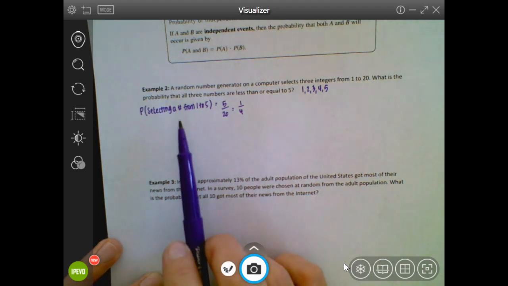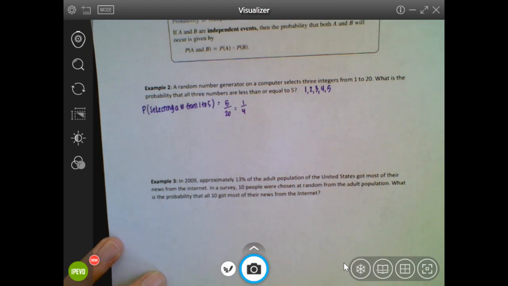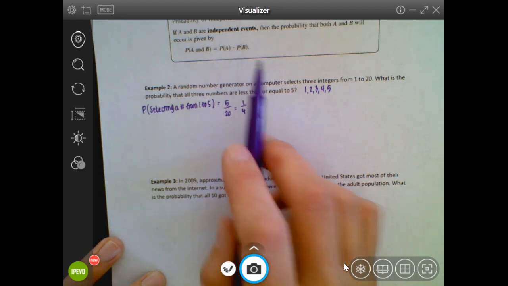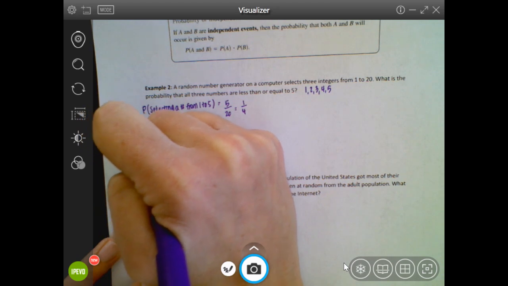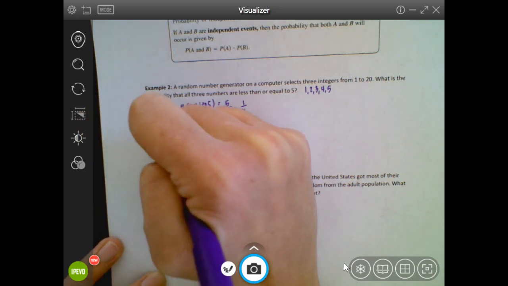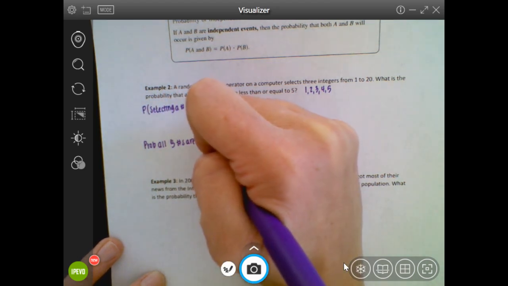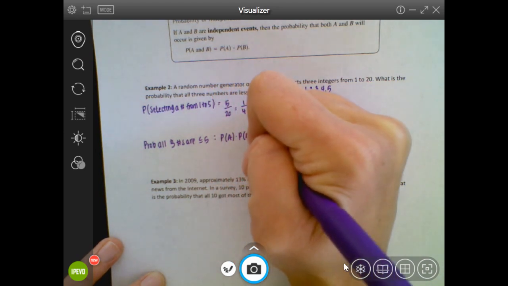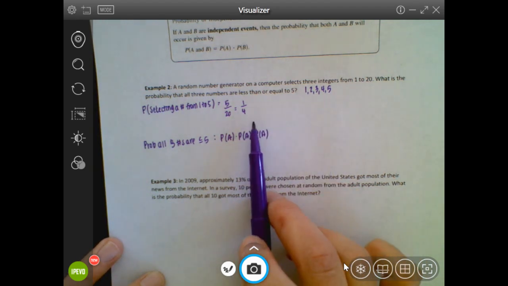But it's asking us to calculate the probability that all 3 numbers are less than or equal to 5. This is where my independent probability formula comes in. The probability that all 3 numbers are less than or equal to 5 is going to be the probability of this event multiplied together 3 times, because every single time I have a probability of selecting 1, 2, 3, 4, or 5, so a probability of 1/4.